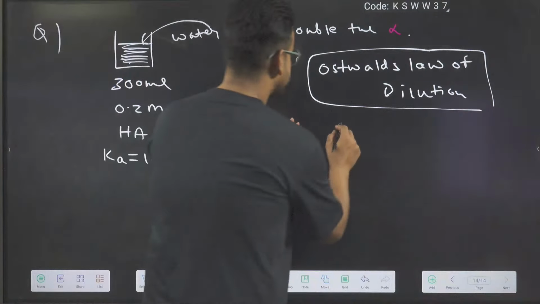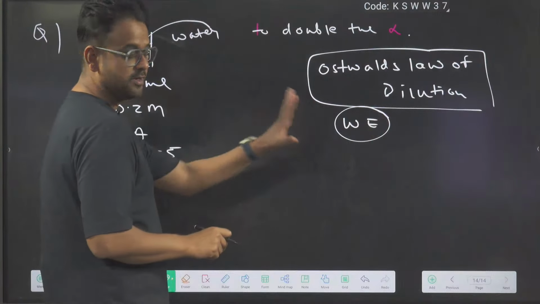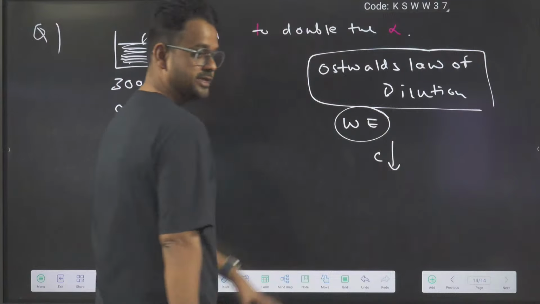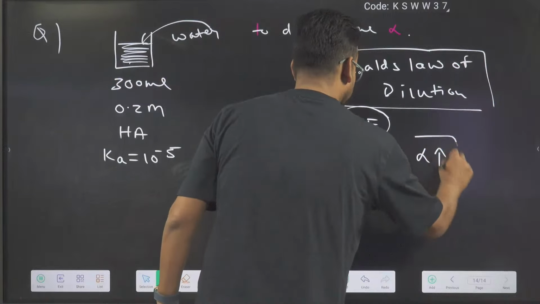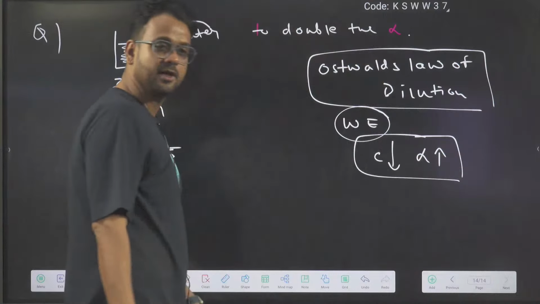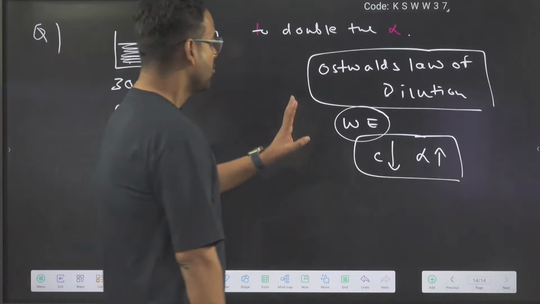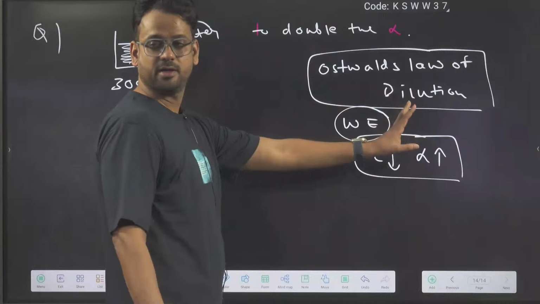It states that for a weak electrolyte, if you decrease the concentration, meaning if you dilute the solution, then the value of alpha increases. Chemical equilibrium revision has already happened in the previous class.